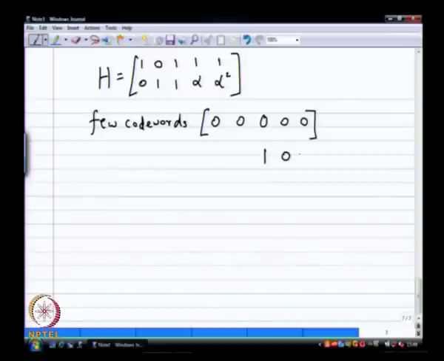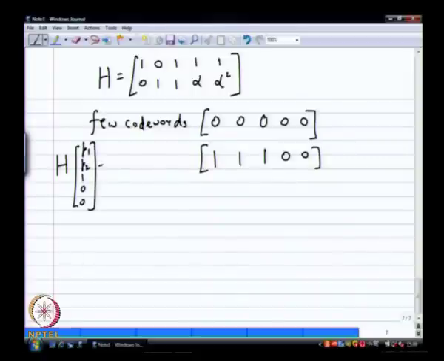So if it is 100, what happens? One one. Okay. You agree or not? Okay. So remember, when I put 100, what am I expecting? I want to find P1, P2 such that H times P1, P2, 100 equals what? 00.